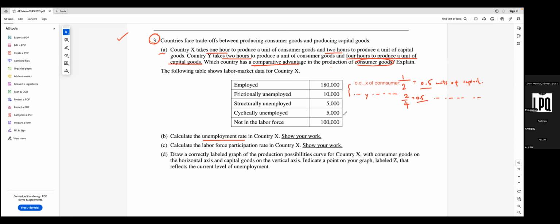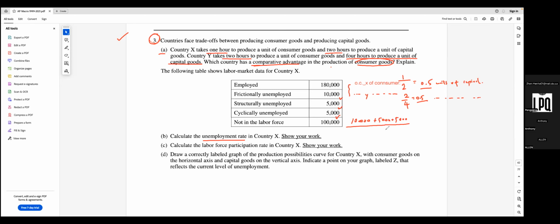Okay, so you got five numbers. So what is the total number of unemployed workers? You got this one, this one, this one. Okay, so the numerator should be, you add up all these three numbers together. Divide by what? Divide by the total population? No, divide by the labor force.